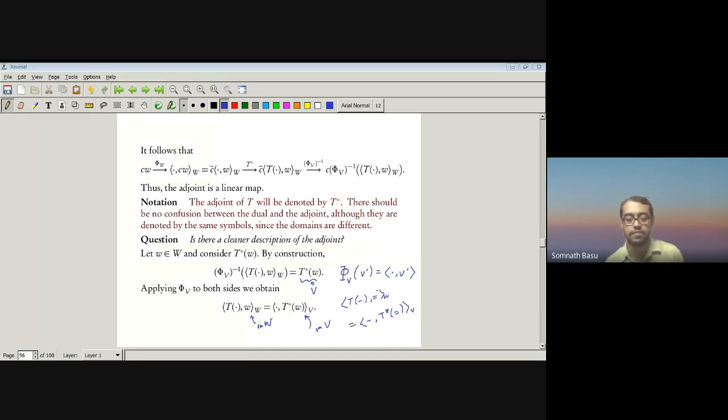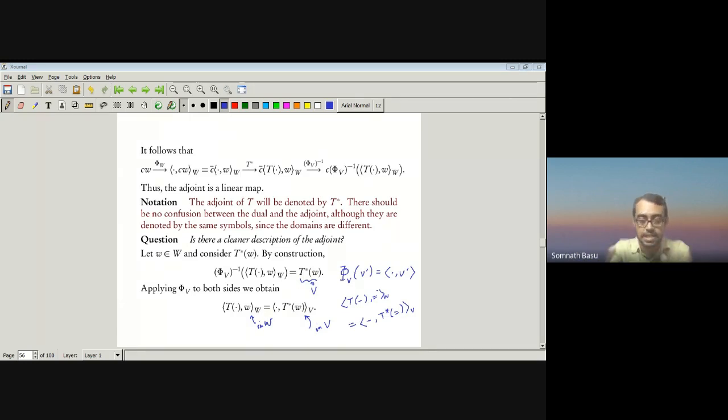So if I have a two variable function, on the one hand I do T of the first variable comma the second variable inner product. On the other hand, the first variable dotted with T star of the second variable inner product. But the two inner products happen on different spaces.